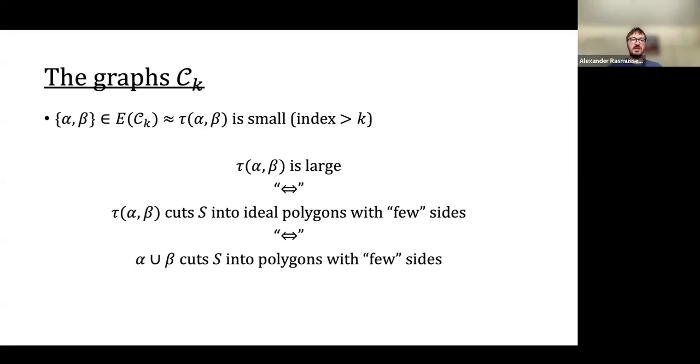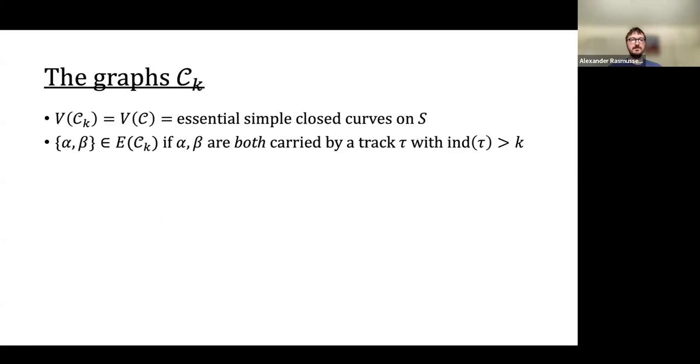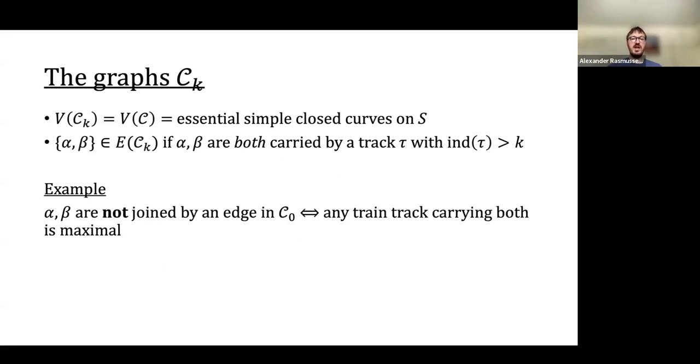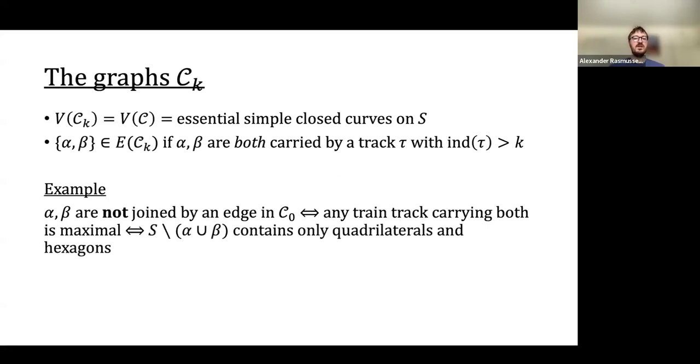Again, that's just the rough intuition. As an example, alpha and beta are not joined by an edge in C0. The only way for them not to be joined by an edge is if any train track carrying both of them is maximal, and this in turn is equivalent to the complement only containing quadrilaterals and hexagons. So those are the smallest polygons that can live in the complement.